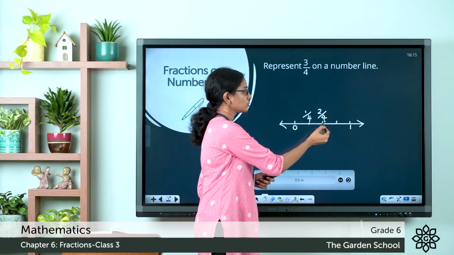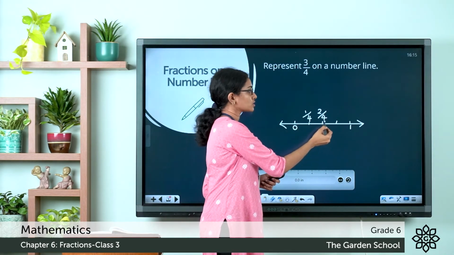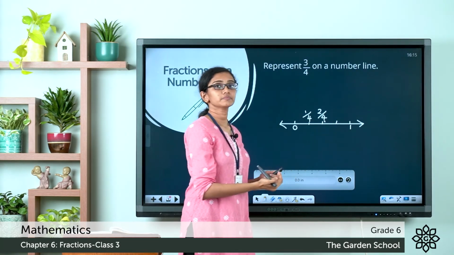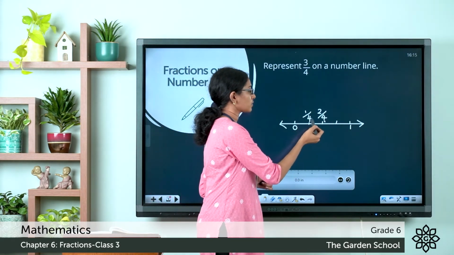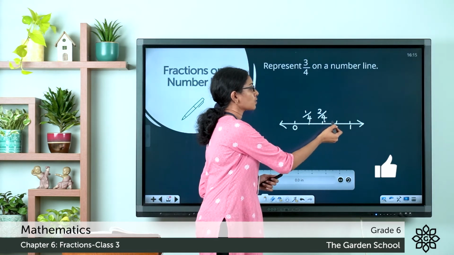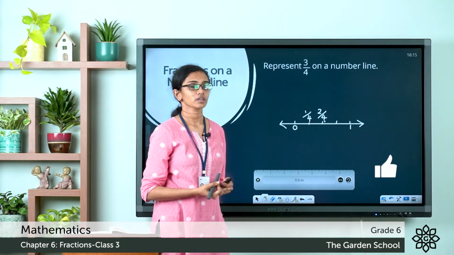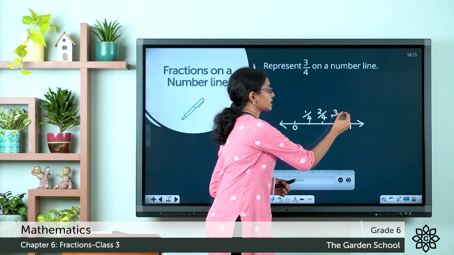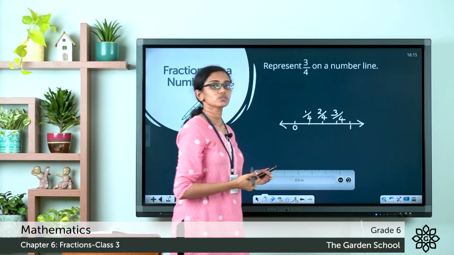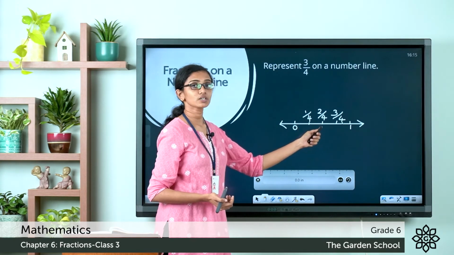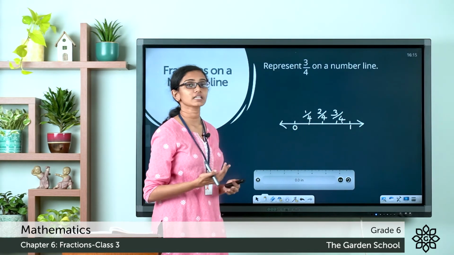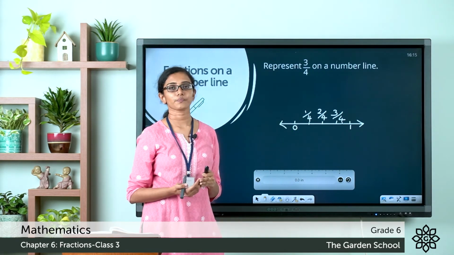So, from 0 to here it is 2 by 4. When you come here, it will become another 1 by 4. So, the total will be 1 by 4 plus 1 by 4 plus 1 by 4. That would be equal to 3 by 4. So, you see, till here it is 1 by 4, till here it is 2 by 4, and till here it is 3 by 4 from the point 0.